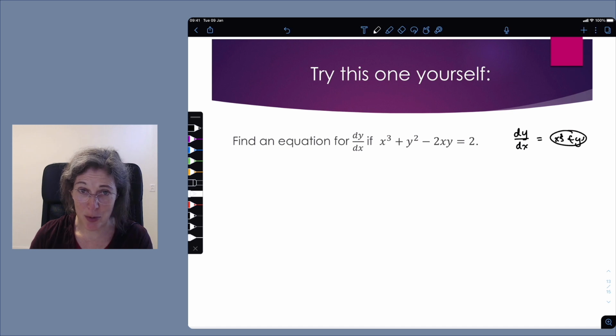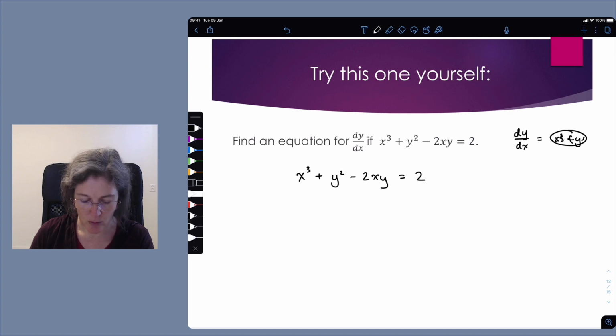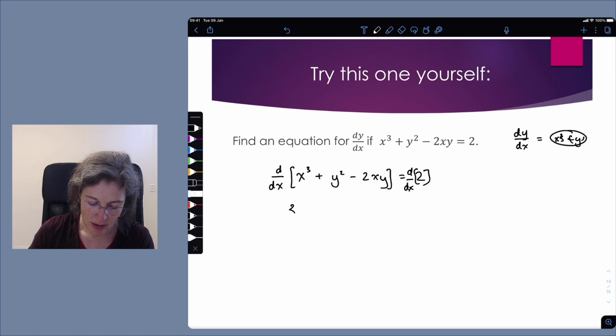Okay, so I hope you did it. So we have our equation x cubed plus y squared minus 2xy is equal to 2. And we want to take the derivative on both sides. So I'm saying take the derivative of that and take the derivative of that. All right, here we go. Derivative of x cubed is 3x squared.